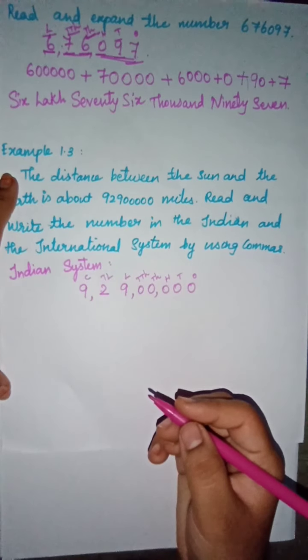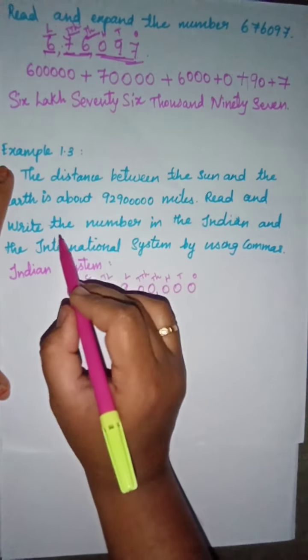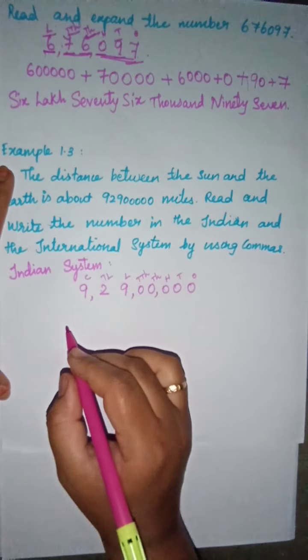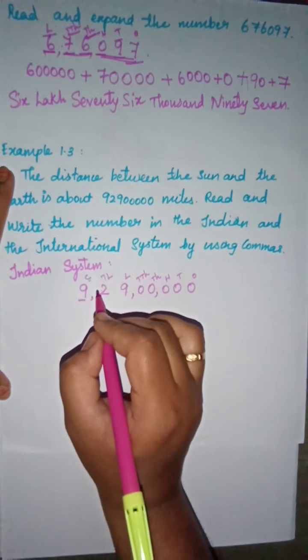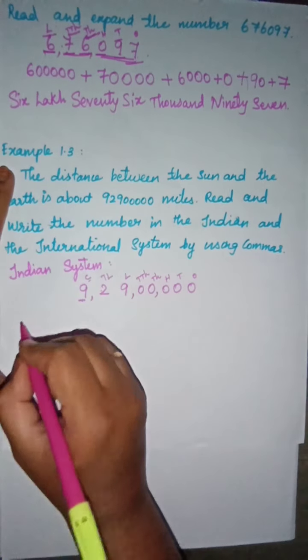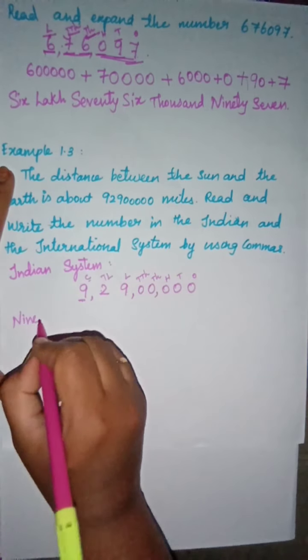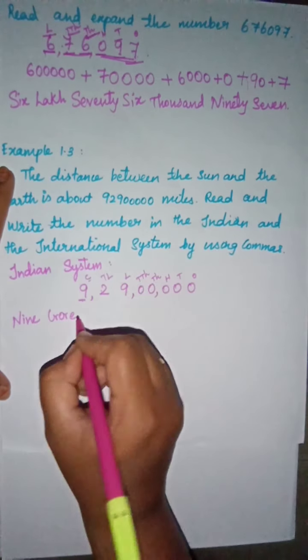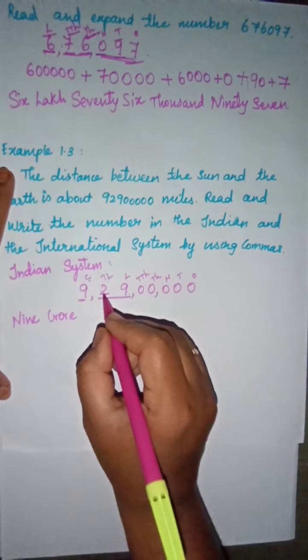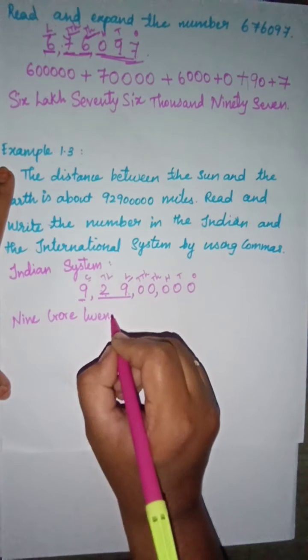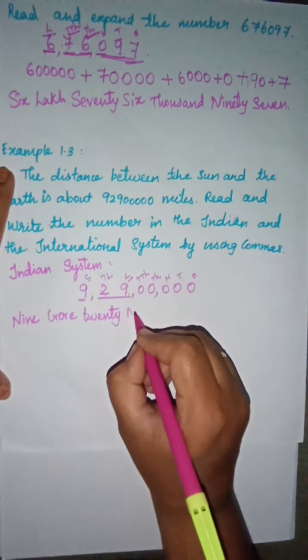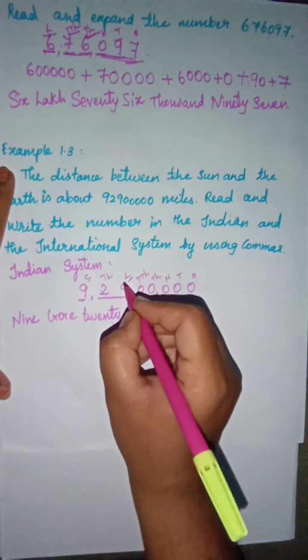Now next we have to write the number name. So how can we write it? 9 there is in the crore place, so 9 crore. Then next is 29, so 29 comes under lakh, so 29 lakh.